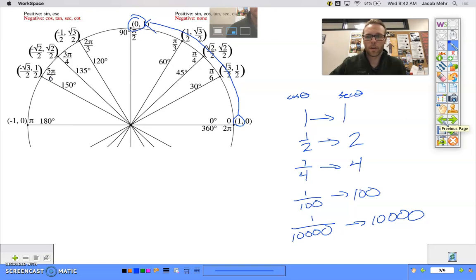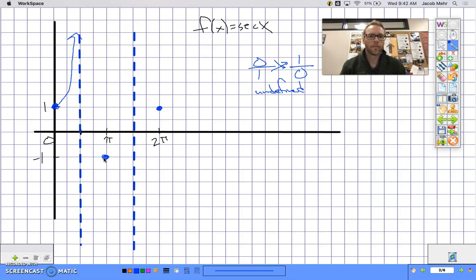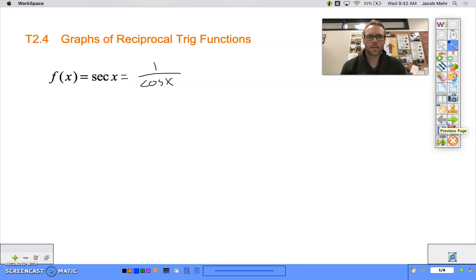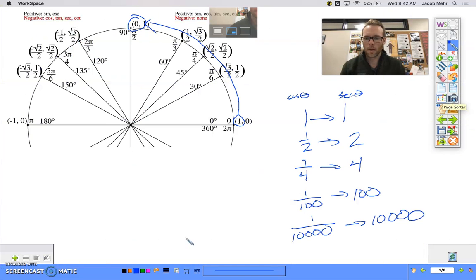Now, what's going to happen when we're here? We're looking at cosine going from 0, where the secant is undefined, to -1. And the reciprocal of -1 is -1. The reciprocal of 0 would be undefined.